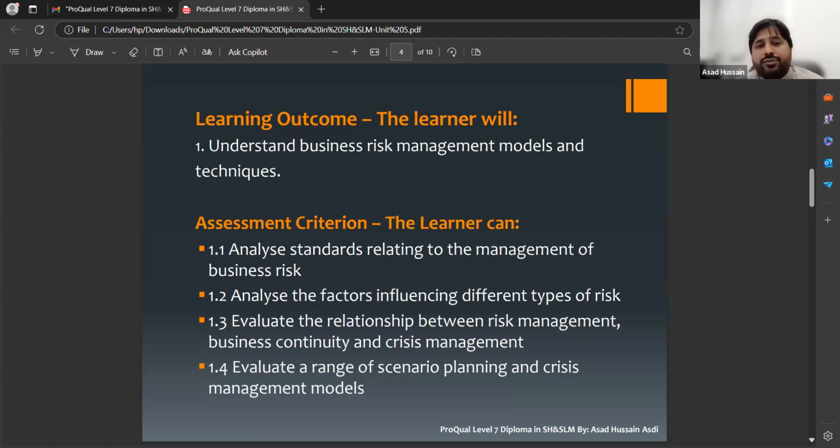A candidate has to identify what the factors are. He has to do the analysis. He can do that analysis once the factors are identified in his organization, that is, what are the factors influencing different types of risk. Different natures of organization face different types of factors. But normally we are facing three factors.